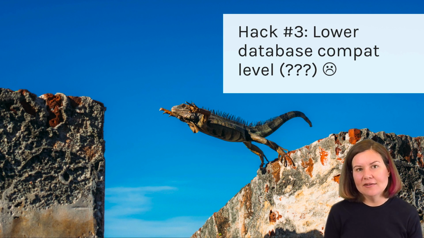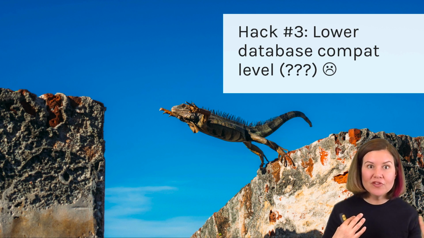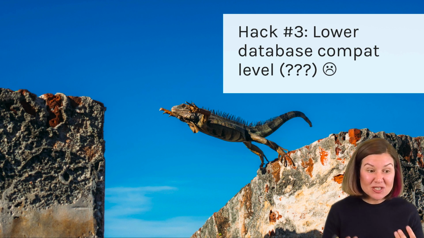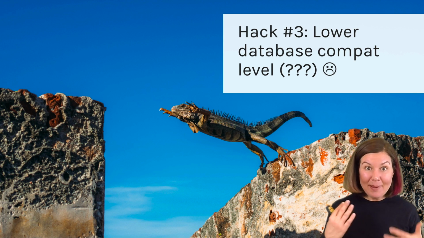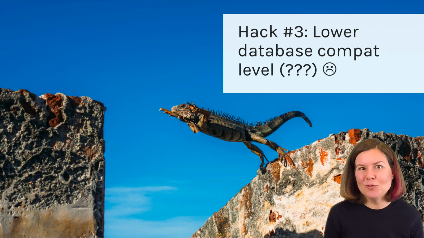I don't like the workaround of lowering the compat level to make it use batch mode. I would rather try to figure out, can I remove the hint or in some way trick it without having to lower the compat mode, just because that compat mode of 130, when it comes to using batch mode, we got all sorts of cool new features with it.